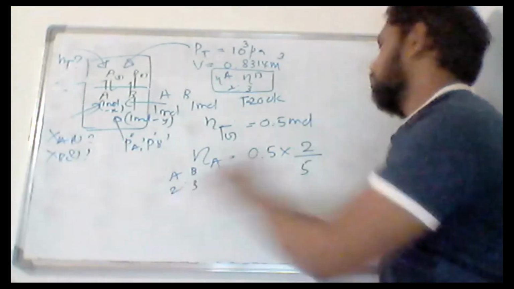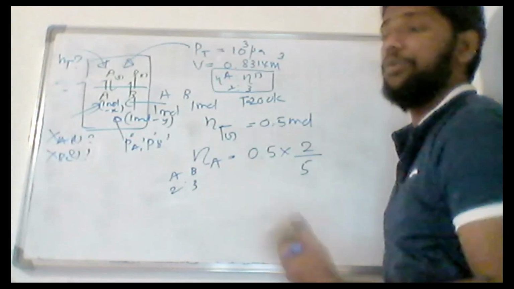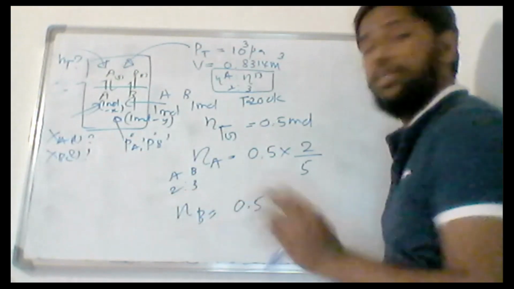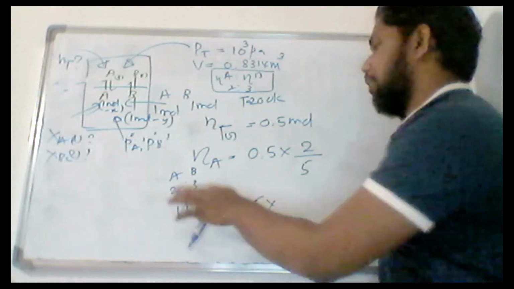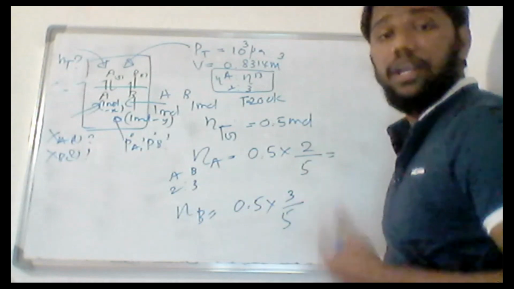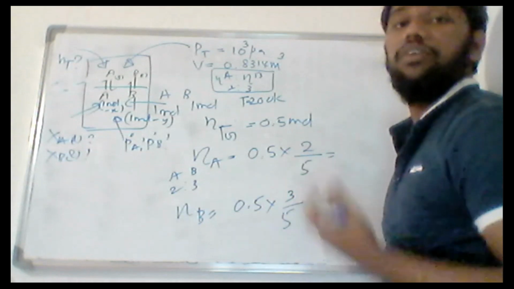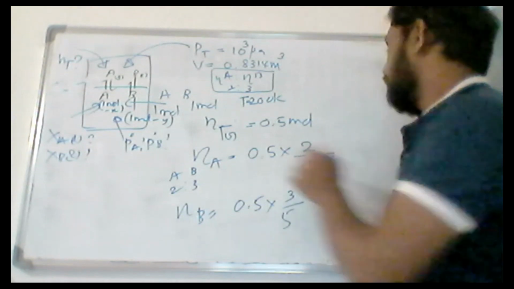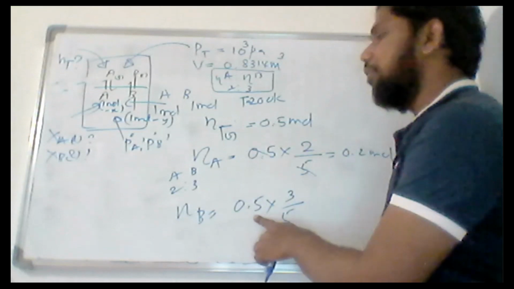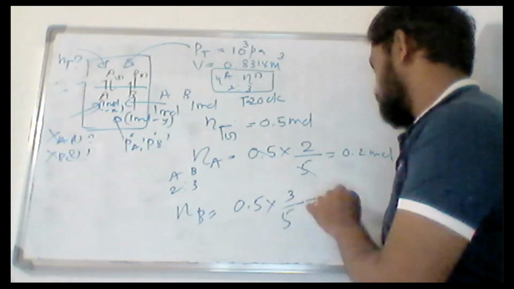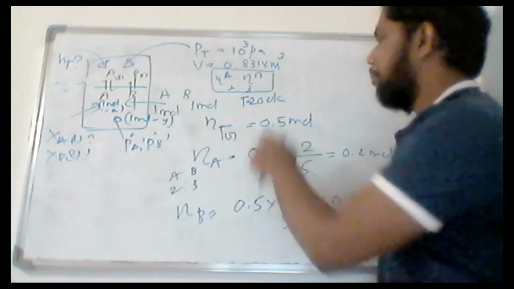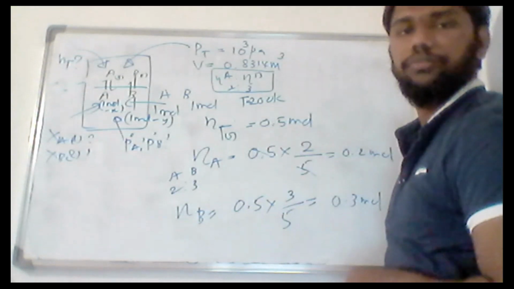So you have 2, which gives the contribution for A. In the same way, 0.5 is the total number of moles, contribution 3 over total contribution. So typically you can understand the amount of moles of A in the gas phase is 0.2 moles and the amount of B in the gas phase is 0.3 mole. So you can see 0.2, 0.3, 0.5 moles, the total number of moles.